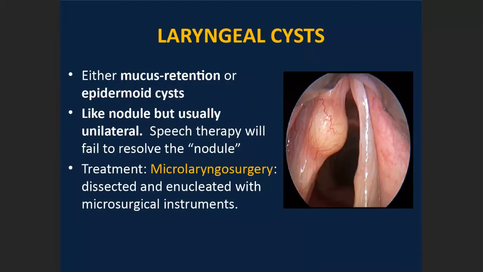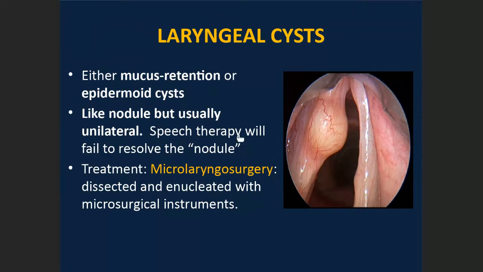Okay. Laryngeal cyst. Laryngeal cyst is either a mucus retention cyst or an epidermoid cyst. This is the cyst, either mucus inside here or epidermoid, like a nodule, but usually unilateral.